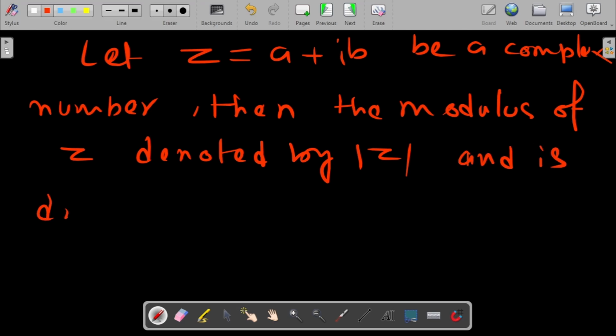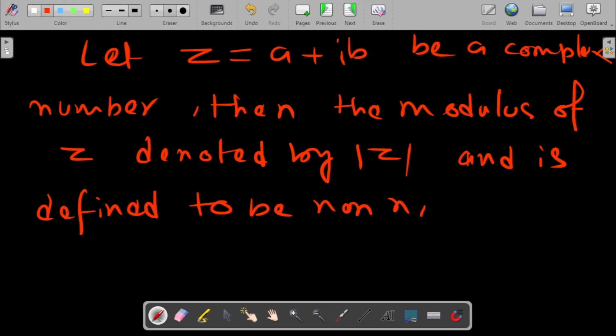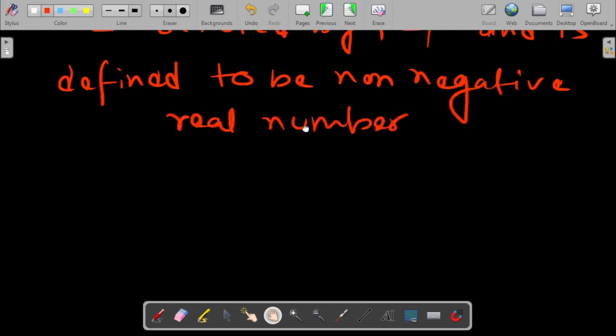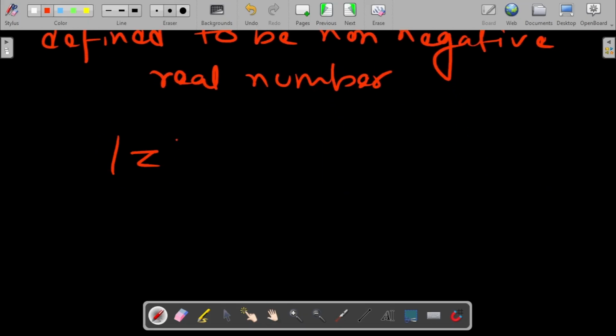That is, modulus of z equal to square root of a square plus b square. Next we will see that the modulus of z is nothing but the distance from origin to the point.